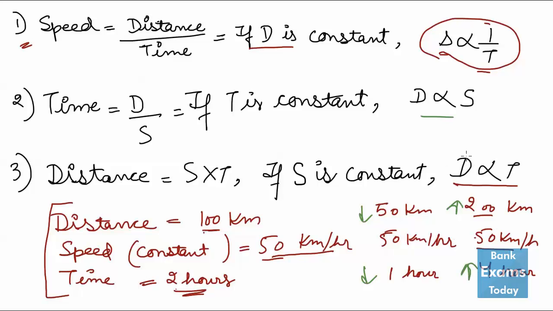Thus, the distance is directly proportionate to time. And there is a direct relation. If the distance increases, the time taken also increases. Similarly, if the speed increases, the time taken decreases, and if the speed decreases, the time taken increases.